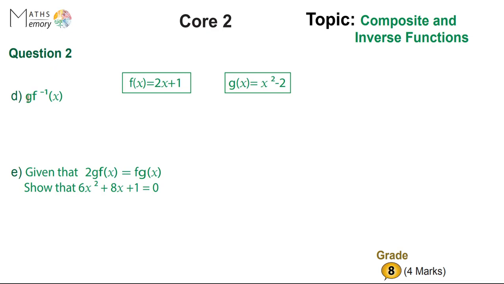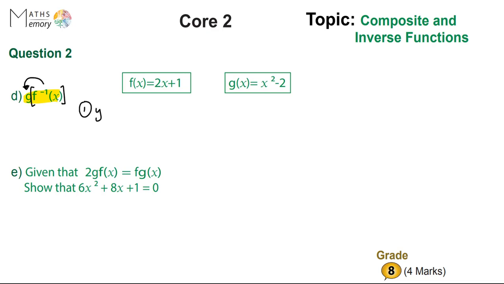Now this is g of f minus 1 of x, and this follows the same principle as the technique before on composite functions. Basically, we can put a square bracket here if you want to differentiate the g and the f minus 1. This simply means we're subbing in the inverse function of f into g, right into left. So first of all, let's find out what f minus 1 of x is, or the inverse function.